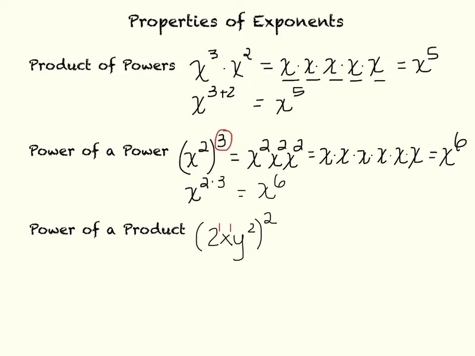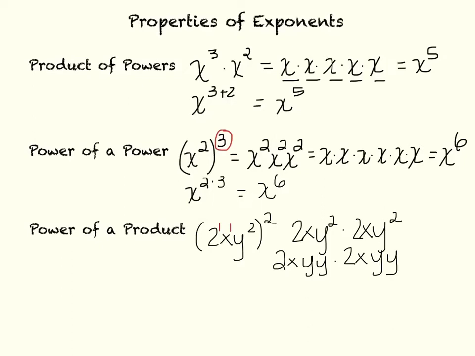So in a power of a product, I actually want 2xy squared times 2xy squared. This would give me 2xyy times 2xyy. And remember, this is multiplied, so this is 2 times x times y times 2 times x times y times y. So I'm going to multiply the 2's.